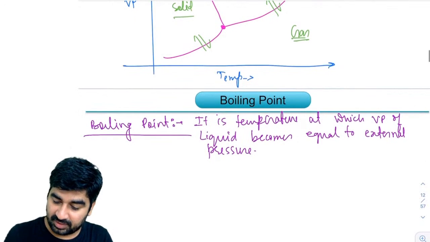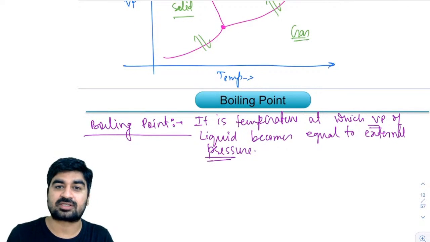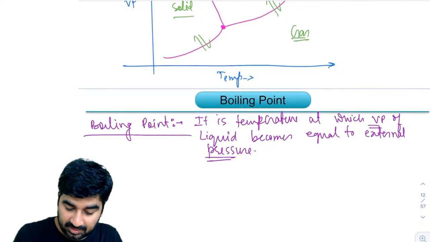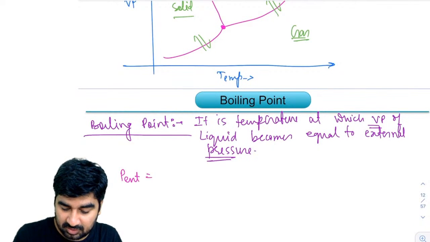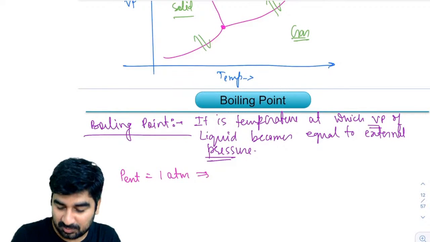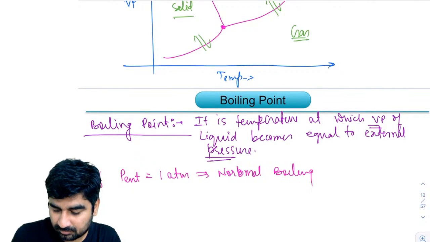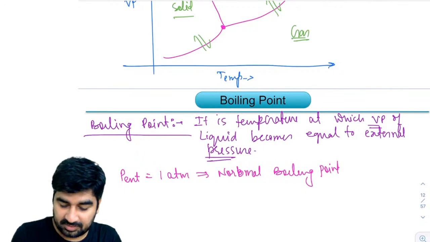So when I'm saying vapor pressure becomes equal to external pressure, here if external pressure P external is equal to 1 atm, then it will be called normal boiling point, right?